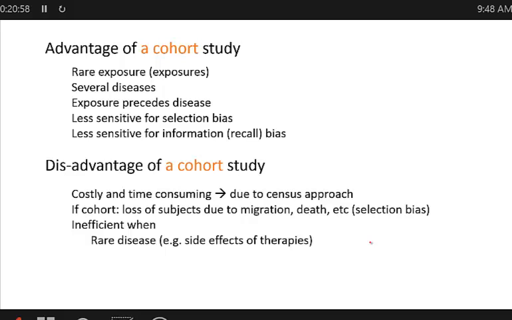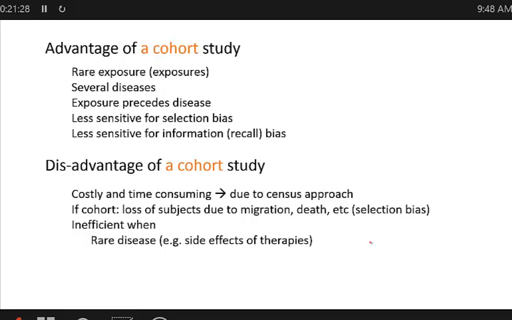We first grab everybody with lupus today, for example. That's a cohort you define. And then you could define a similar number of patients without lupus. Everybody in your cohort you follow over time. So that's a cohort study. It works with a rare exposure. If exposure is rare, you can grab everybody with the exposure and follow them over time.